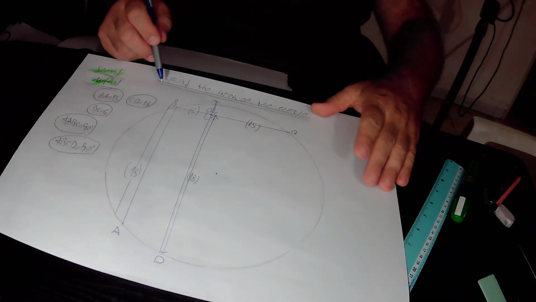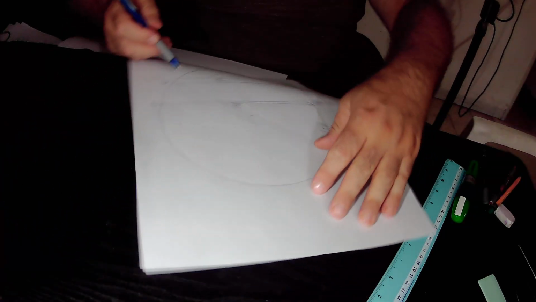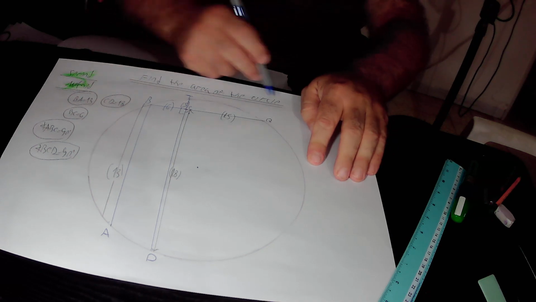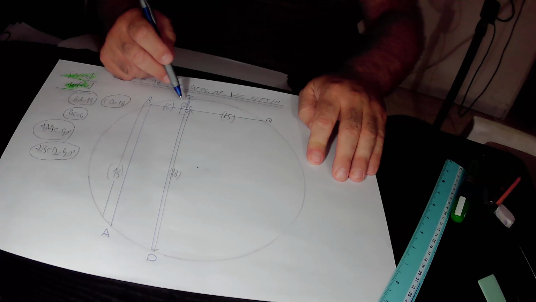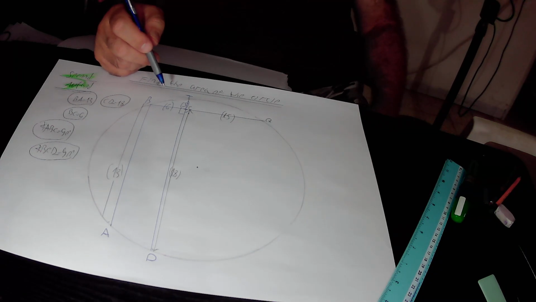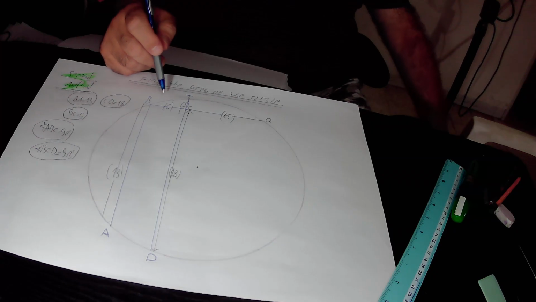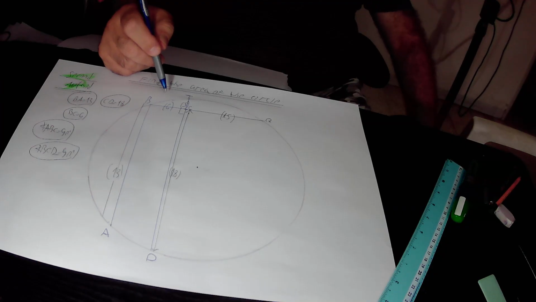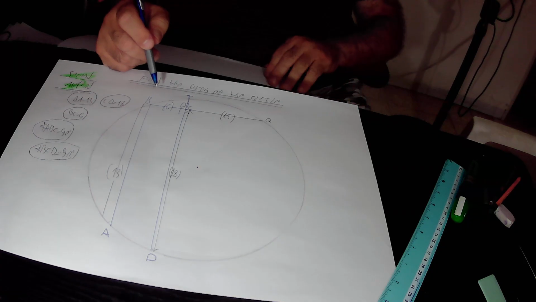Again, chord BQ intersects with chord TD at 90 degrees at point C. So all the requirements of rule 26 are satisfied, and therefore we can implement rule 26 here. According to rule 26, the following equation will be true.